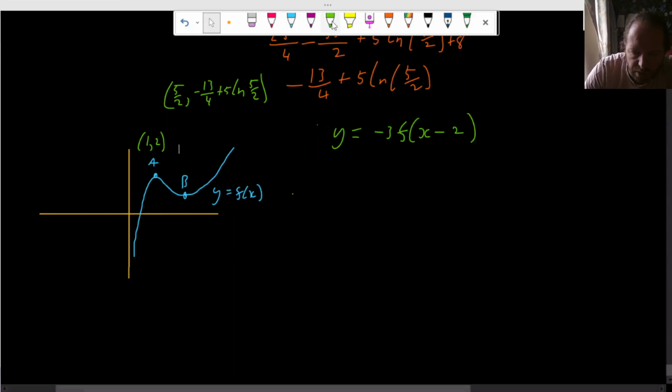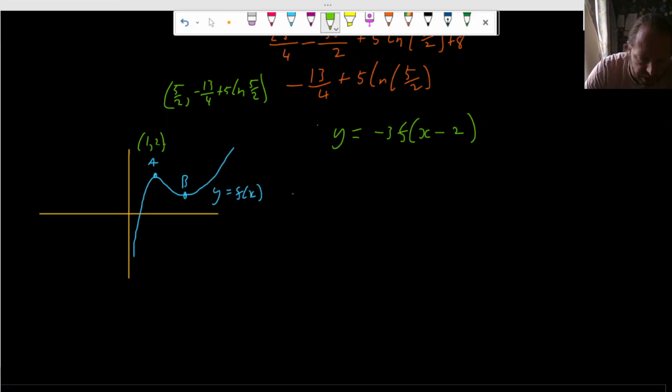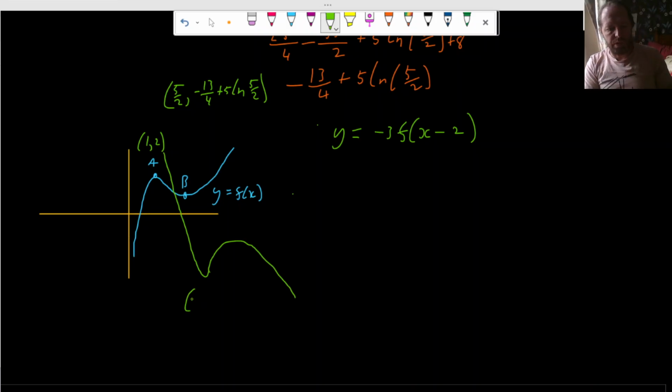Let's change it into the green so that it's got the correct sort of colours coming in. So the whole thing's moved from here, and we have come way down here, and then scooped around here like that. Okay, so this point A would be 2 across like we said.